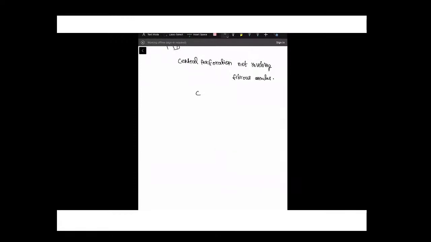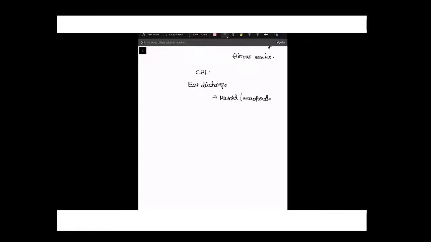There is conductive hearing loss. Ear discharge will be present. The ear discharge is mucoid or mucopurulent.